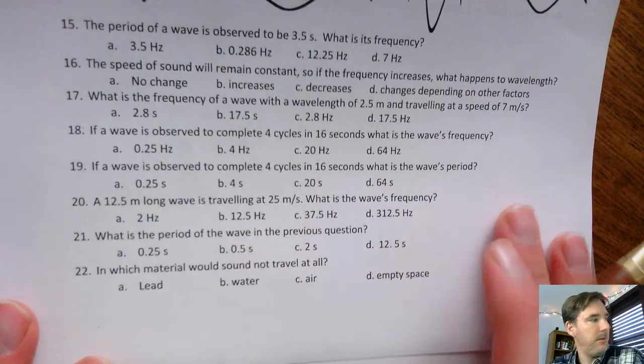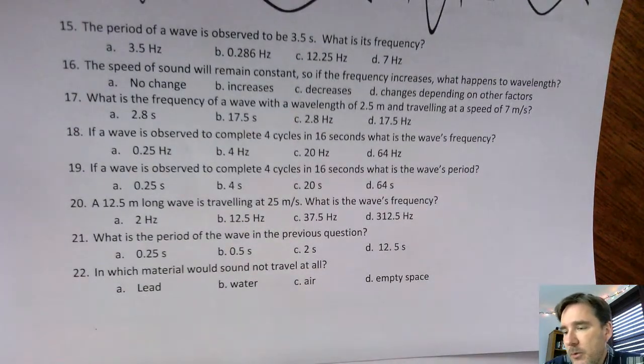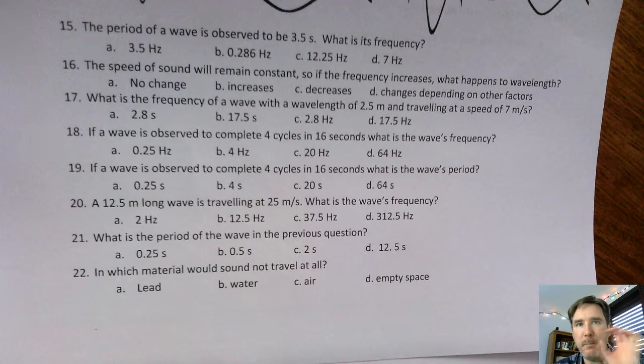As I was saying, question 22, which material would sound not travel at all? Don't forget that the whole idea of a wave, especially a mechanical wave like sound, requires a medium to travel through. It requires some matter that has molecules able to bump into each other and send that chain reaction wave through it.